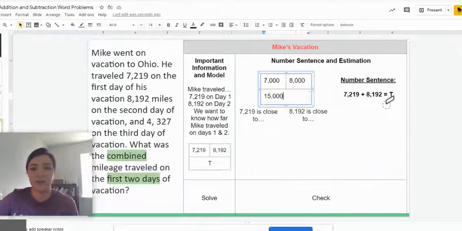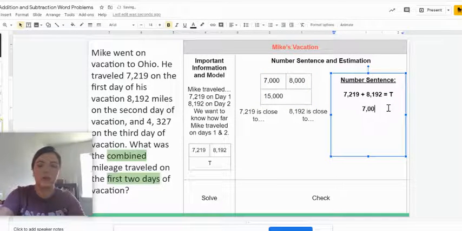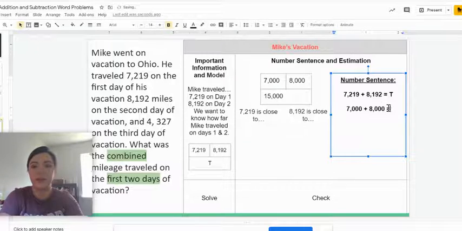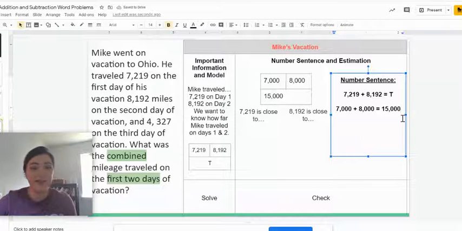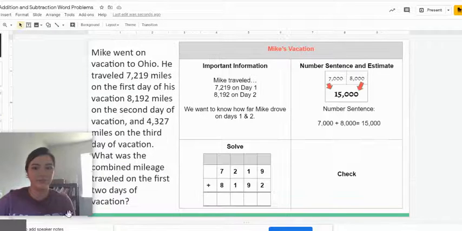And what we just did is take our estimation, we added it together, and that tells us that our answer when we solve should be somewhere around 15,000 miles. Good to know. Now we can get on to solving.